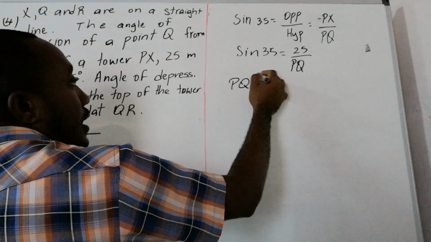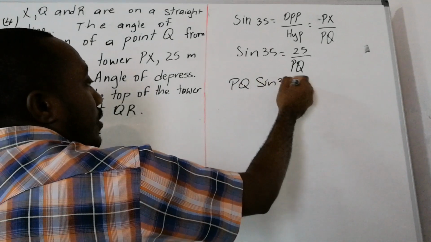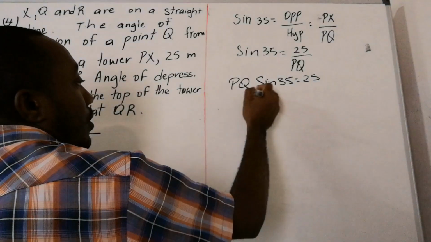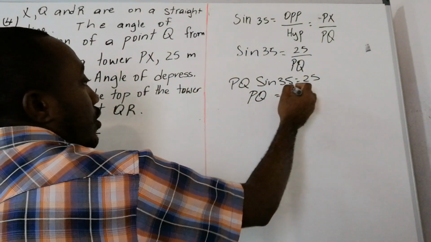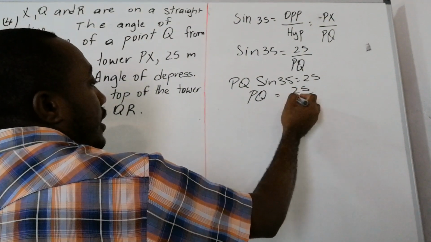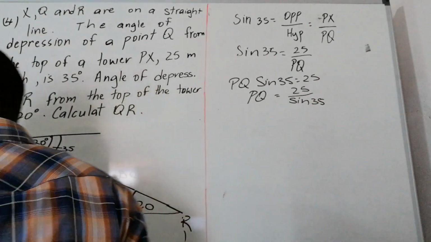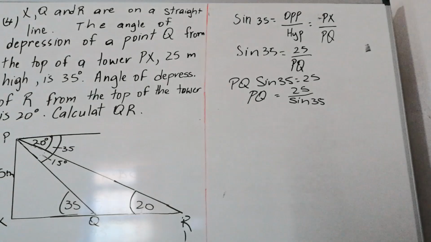PQ times sine 35 is equal to 25. And then PQ is equal to 25 divided by sine 35. So there, we use our calculators now to calculate the distance of PQ.